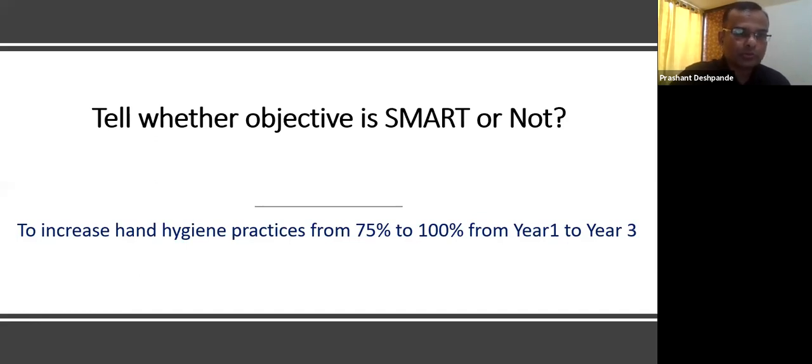Nazmin is saying no. So Dr. Priya has written target population is missing. So we don't know in whom. So whenever we see an objective, we have to see the SMART part of that to decide whether it is SMART or not. Then we'll go to the next statement.